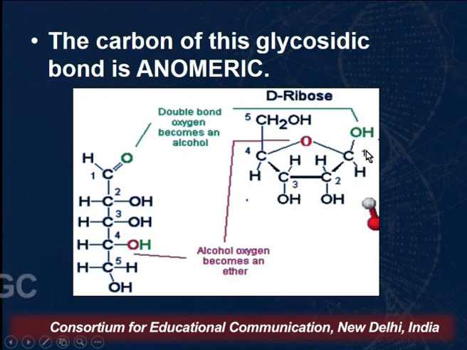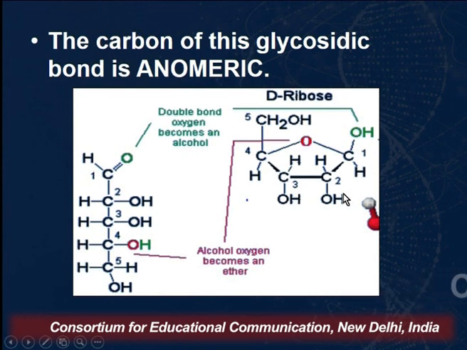One is that the OH is on the upper side of the plane, that is, the CH2OH and OH are on the same side. If such is the case, then this molecule is known to have beta configuration, and we call it beta-D-ribofuranose. Whereas if this OH was below the plane, then we would have called it the alpha form.